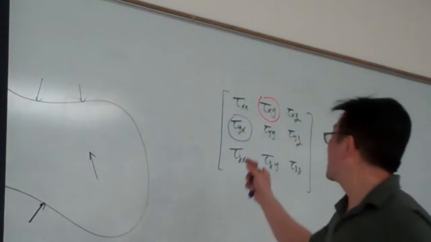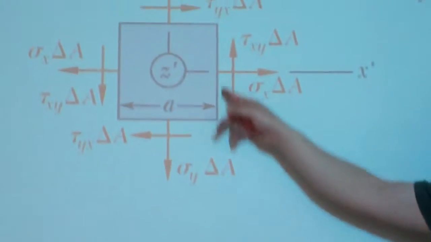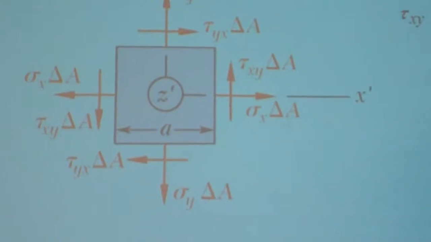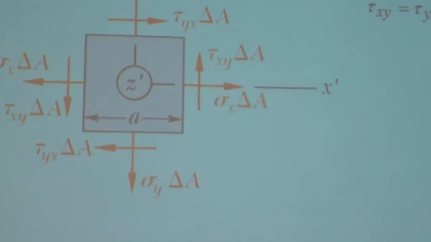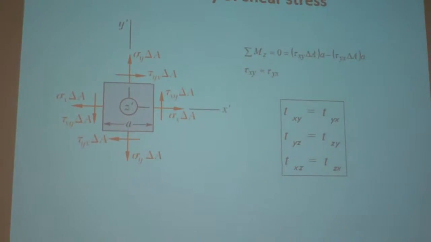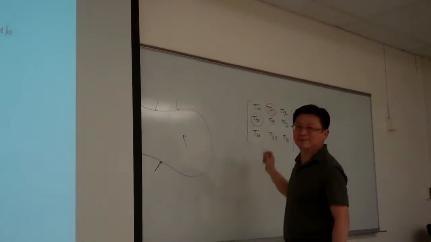One component is the distribution of the stress in this plane, and the other one is on the other plane. So basically, they are different entities. However, I can show you that although they are different entities, in magnitude they are equal.